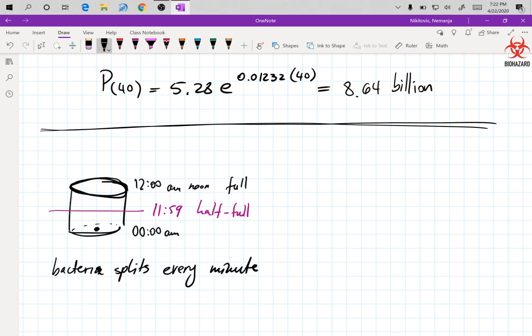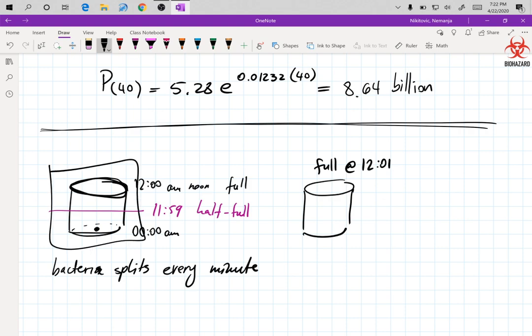It's not going to help because if you find another jar, which is another planet, that one is full at 12:01, because this one over here is full, and when every single one splits, it fills the second jar instantly the next minute.